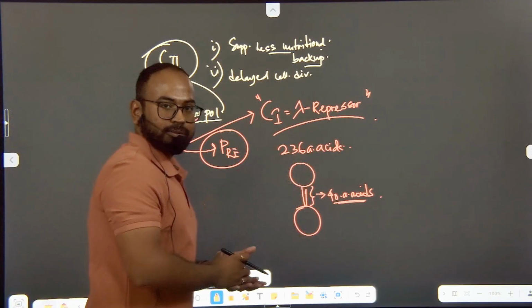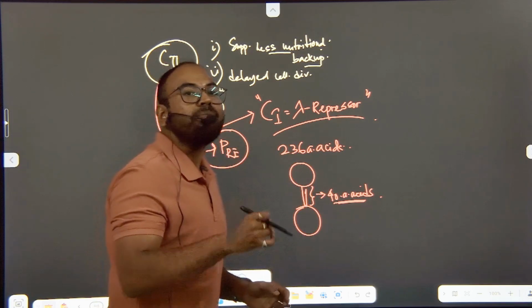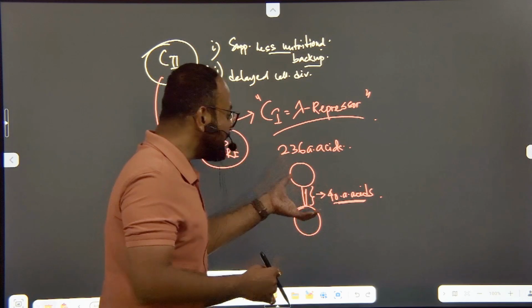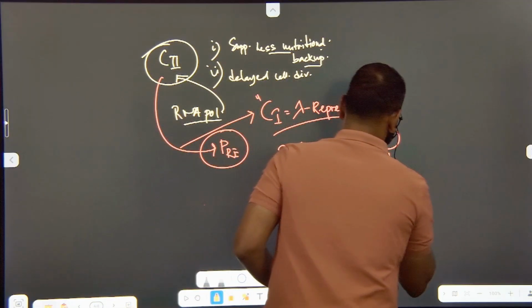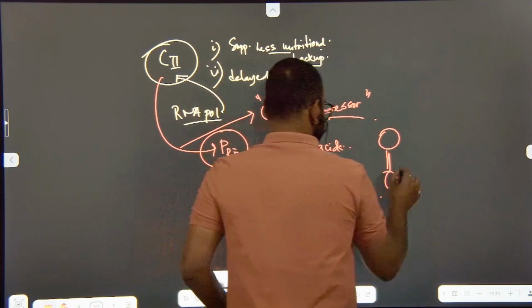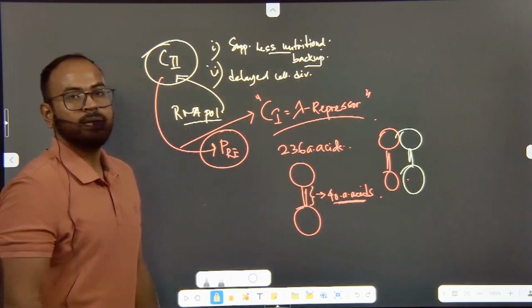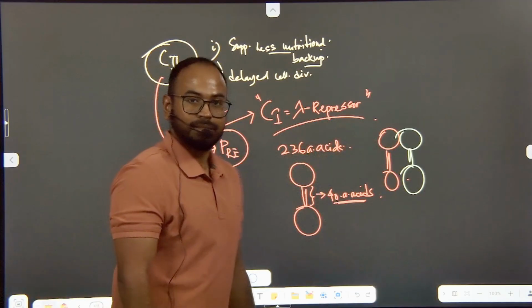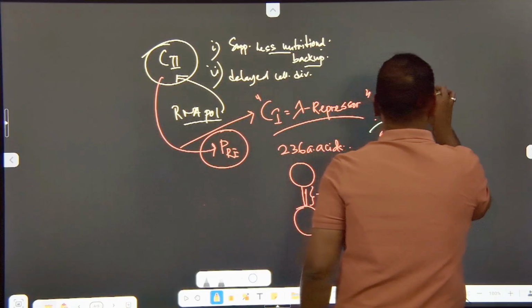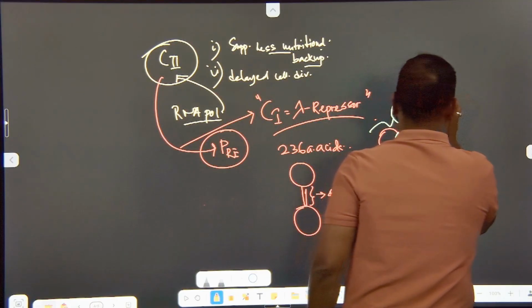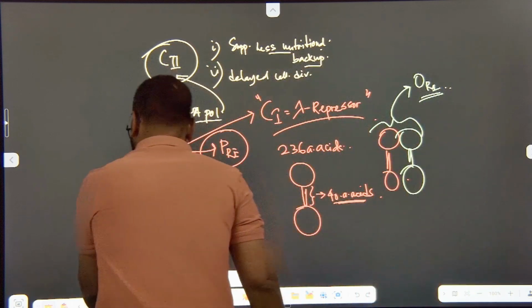Each of these units initially forms a dimer. This dimer has high affinity towards OR1.